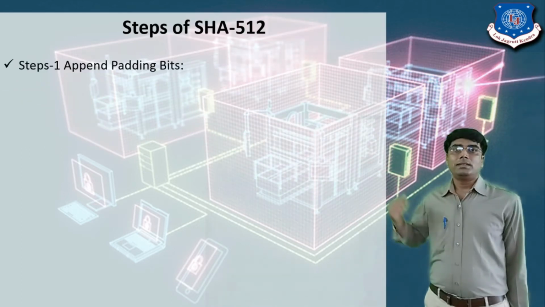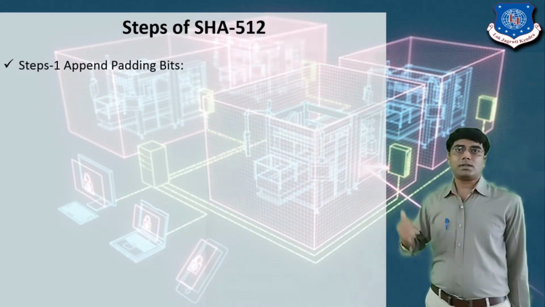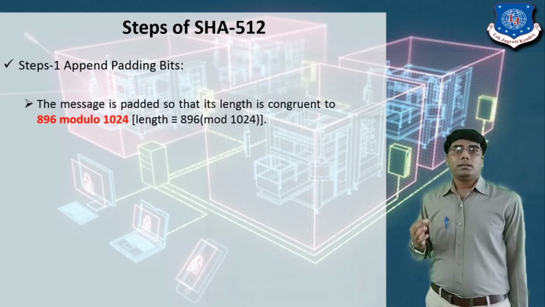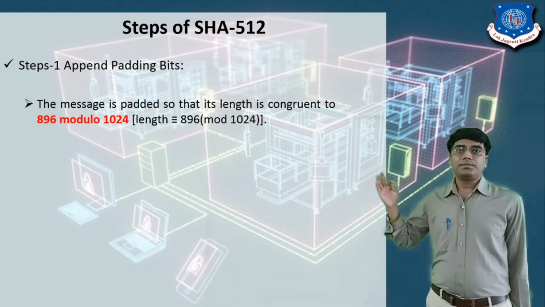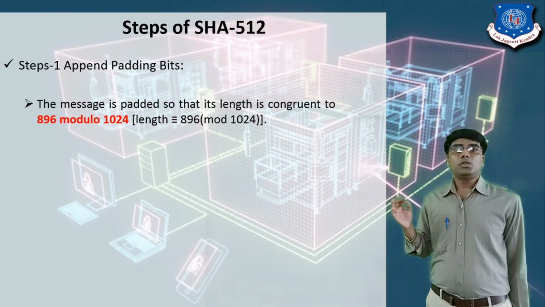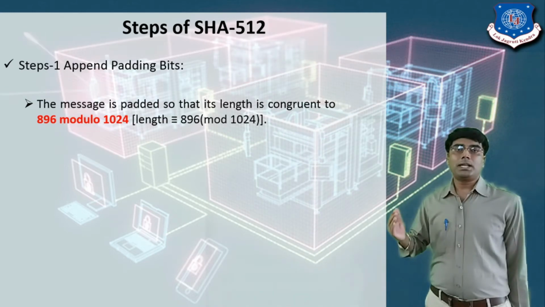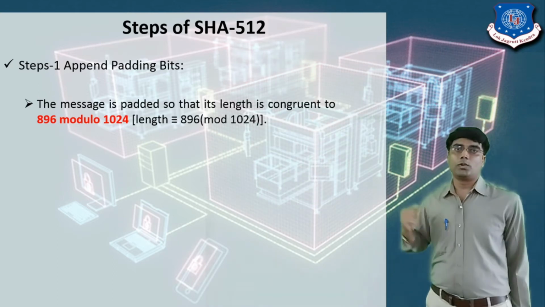So let's see the various steps of SHA-512. The first step: append the padding bits. It means we have to add padding so that the length of the message is a multiple of 1024 bits.